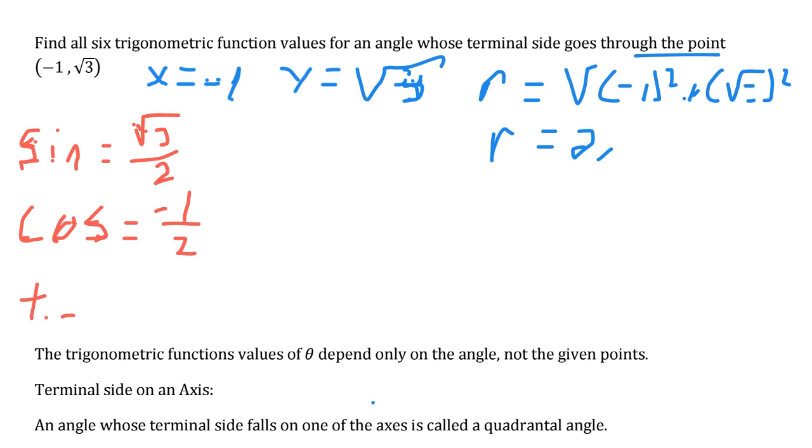And tangent of our angle equals y over x, which is going to be root 3 over -1, so negative root 3 over 1, which is just negative root 3.